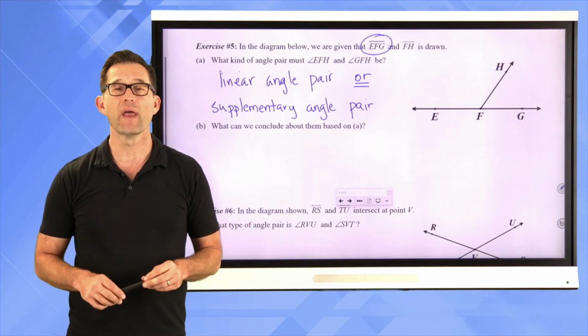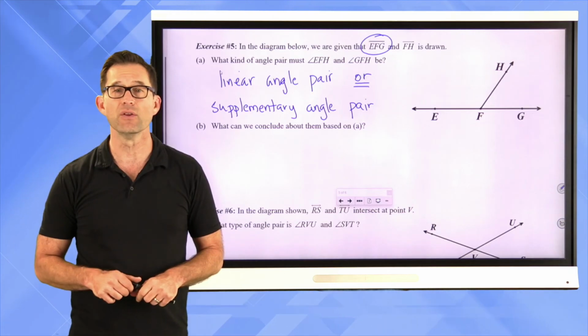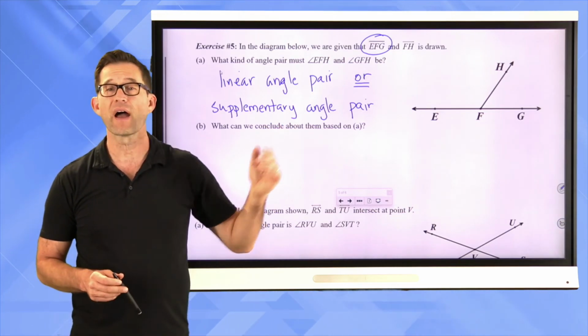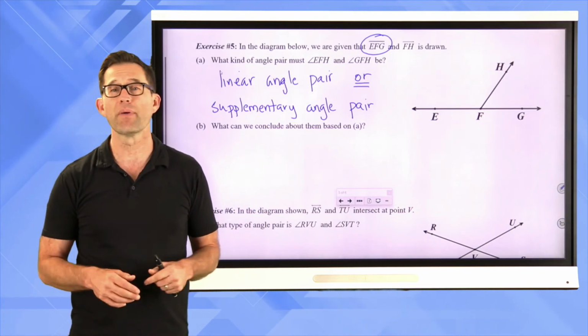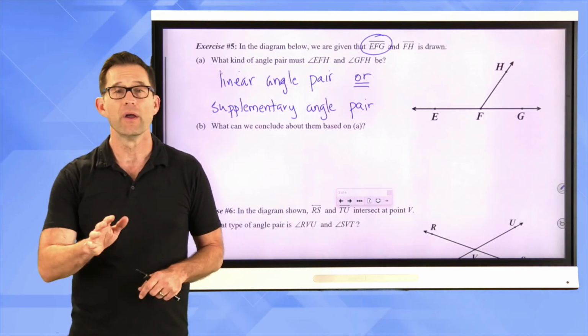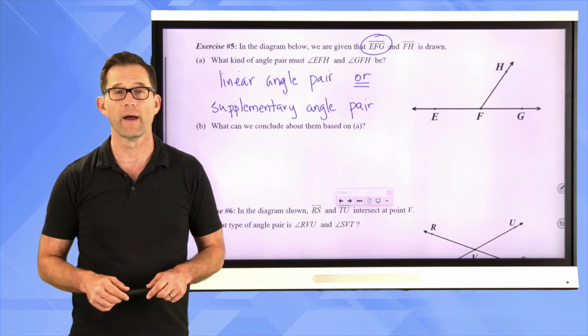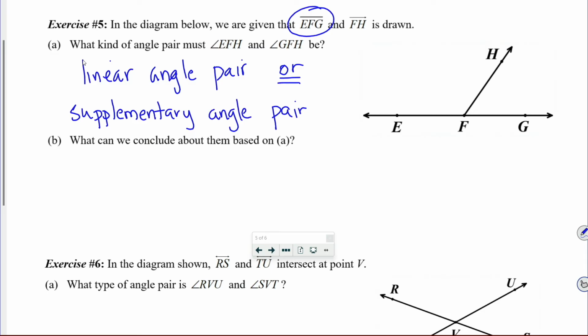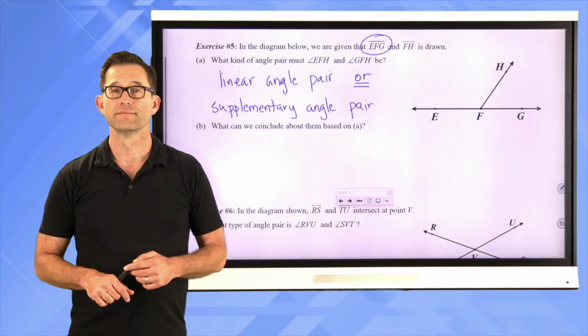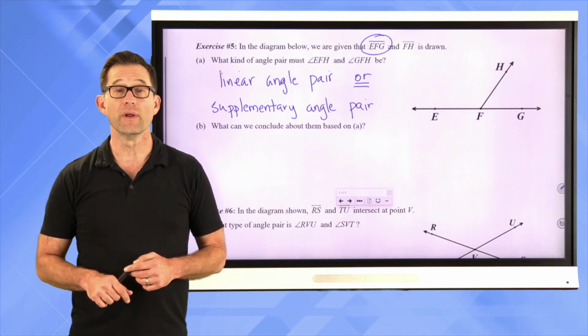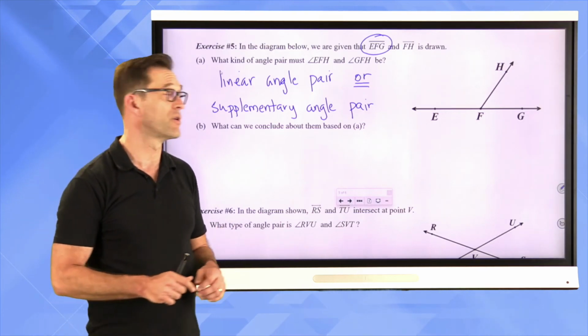Well, pause the video now and see if you can write something down that you can conclude based on the fact that you know that they're a linear angle pair or a supplementary angle pair. You're going to be able to conclude the same thing either way. Well, what you can conclude is that their measures sum to 180 degrees.